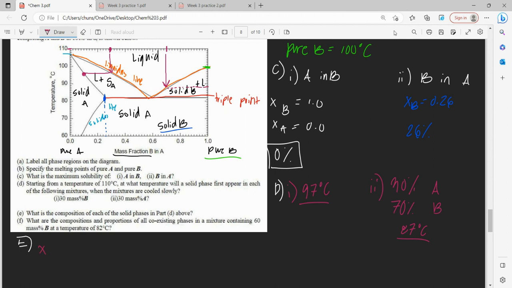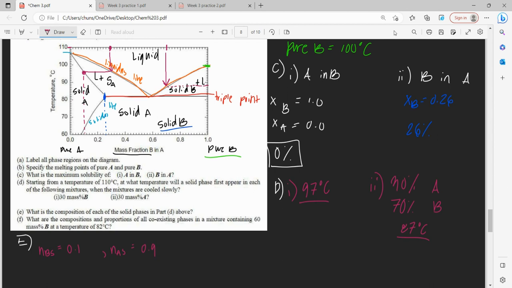this gives the composition, so X of B for the solid, and that is equal to, so we read down, that's about 0.01. That means for our A, in our solid, 0.99.